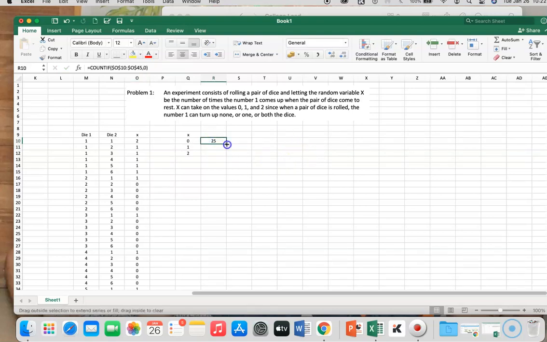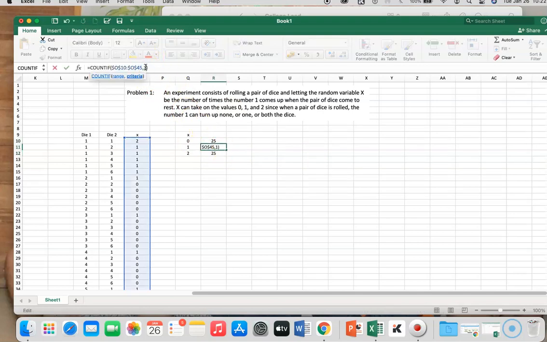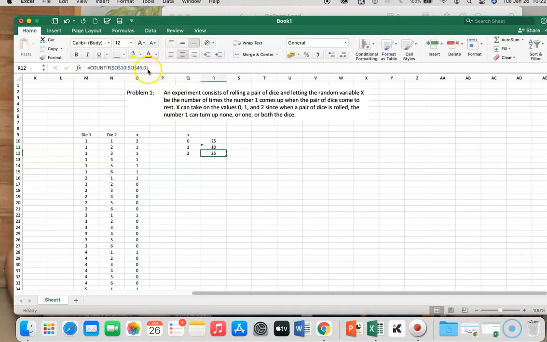Let's drag down the formula and change the criteria: x is equal to 1, and x is equal to 2. Summing it up, this should be equal to 36.